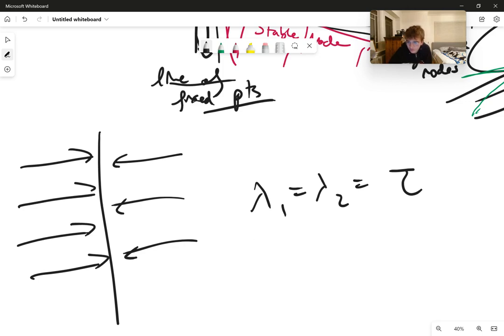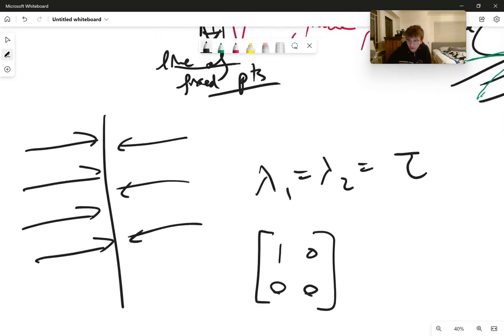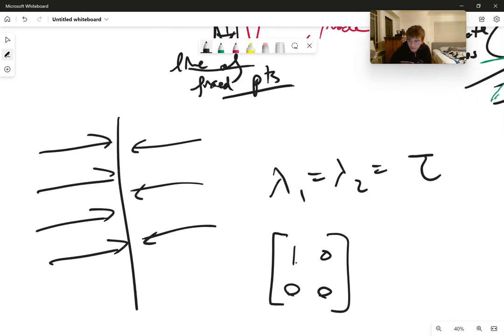What that corresponds to is that the matrix essentially has a row of zeros. Let me change it to make it match the picture. In this instance, we have x1 dot is equal to x2, and x2 dot is equal to 0, so the matrix is 0 1, 0 0.